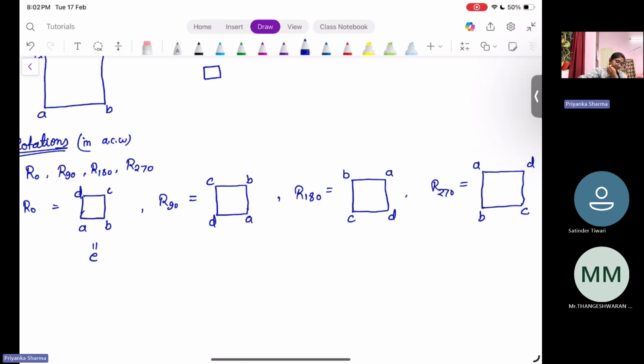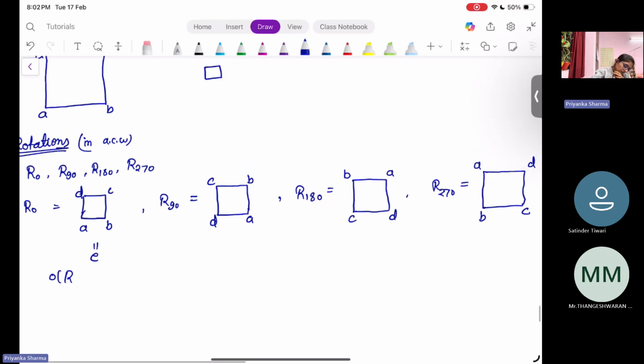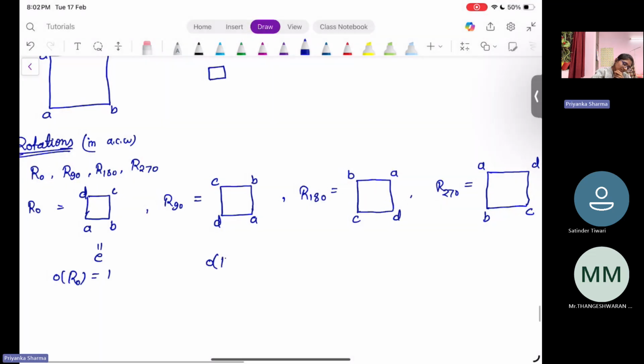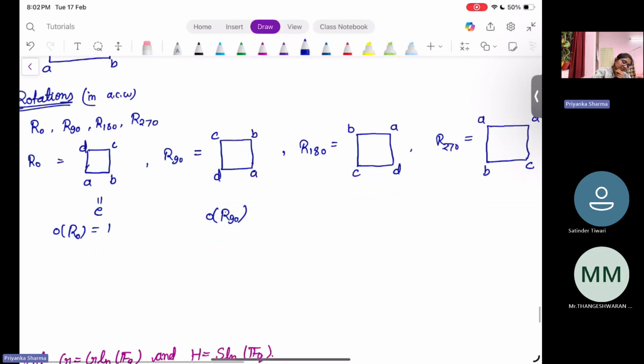What about the order of R0? The order of R0 will be 1. What will be the order of R90? This is 4, because we need to rotate it 4 times by 90 degrees to get the square in its original position again.